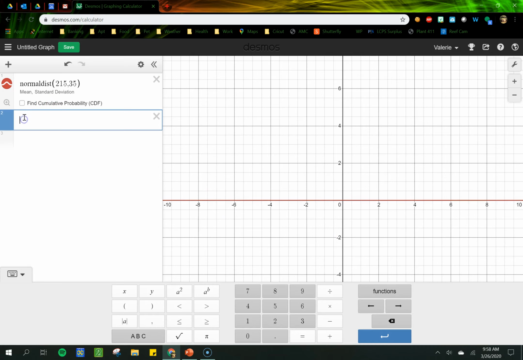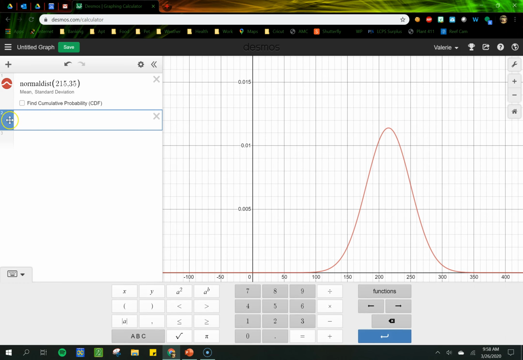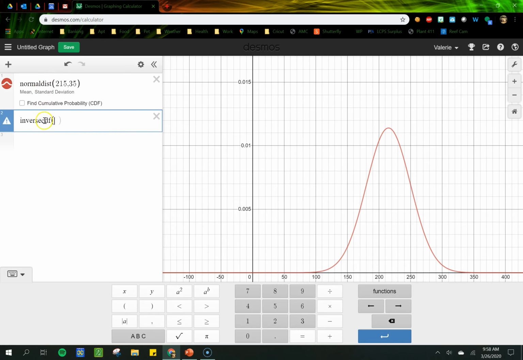We're going to go down to the next line. If you want to zoom fit it so you can see your curve, you can. But this time, we're going to set up another function because we've told it what our original distribution is. We're going to choose the inverse CDF. And what this is going to do is allow us to make some use of the normal distribution.